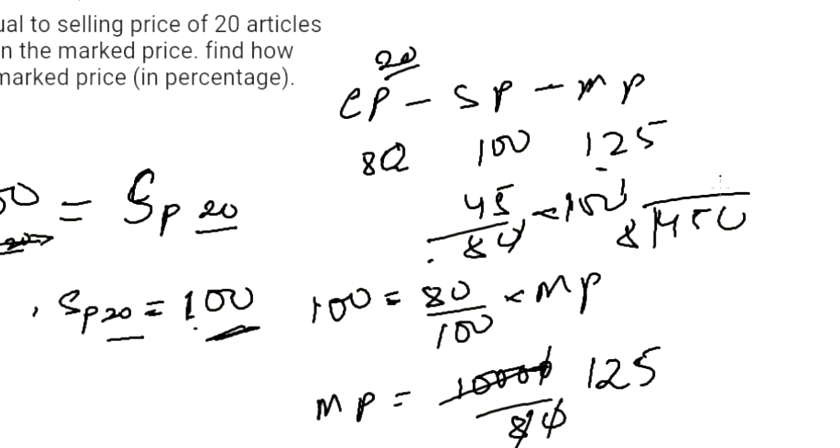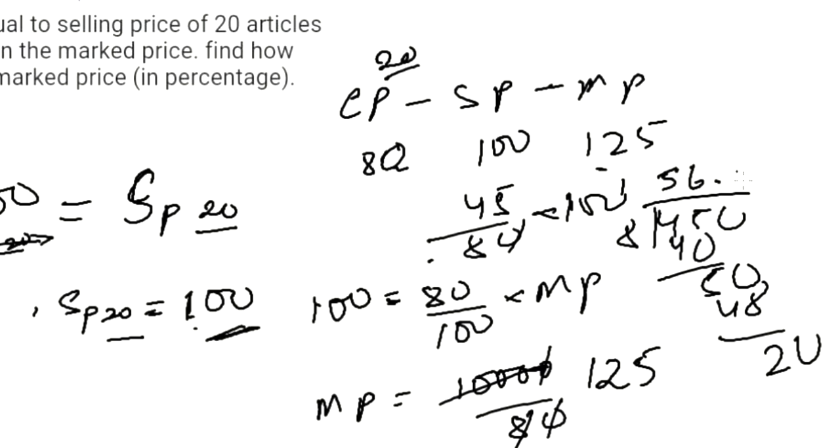So 4500 divided by 8 is how much? 8 fives are 40. Then again, here how much do you get? 8 sixes are 48. There's going to be some decimal point, no problem. If you are in a competitive exam, you could look at the answer options and check whether there's 56 point something, then you'll get it already. Here, see, 6, nearly 5. So the answer is 56.25.